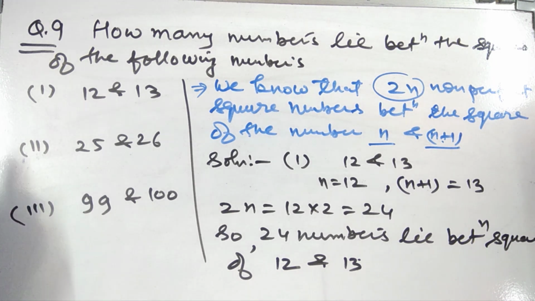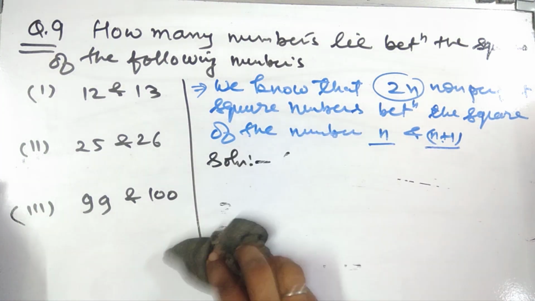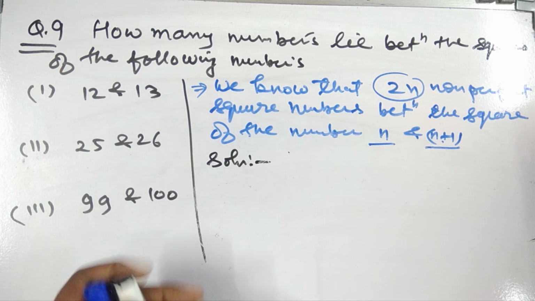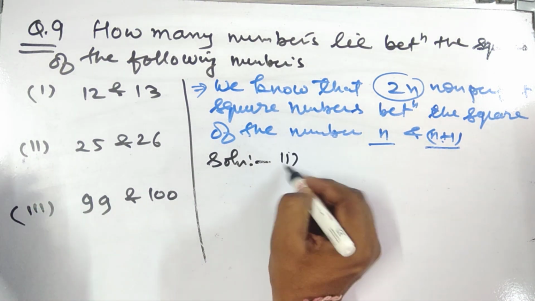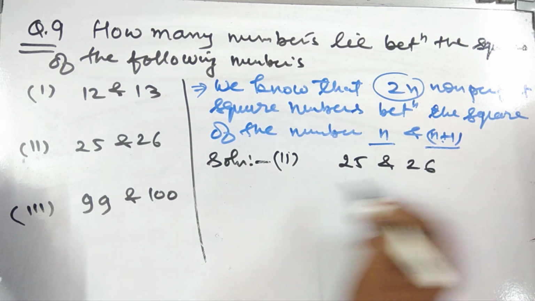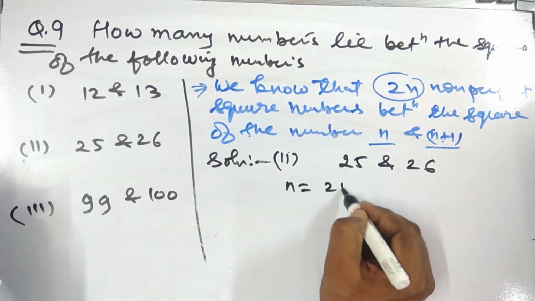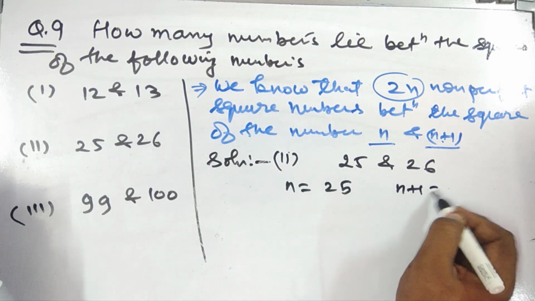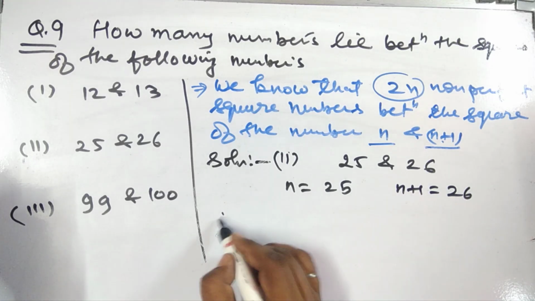And second one, students: 25 and 26. So n is equal to 25, n plus 1 is equal to 26.